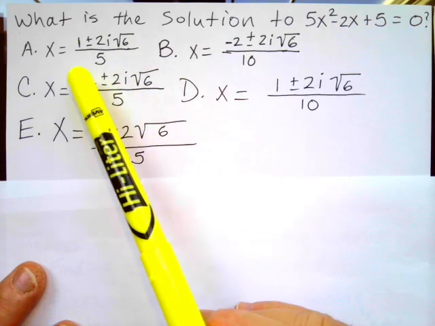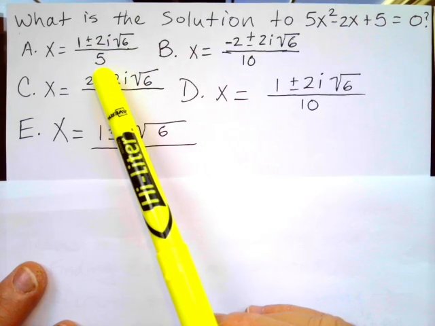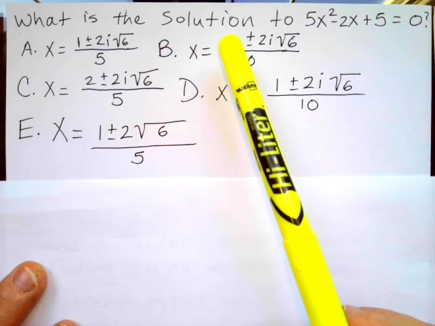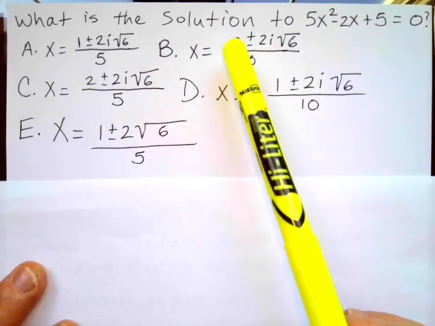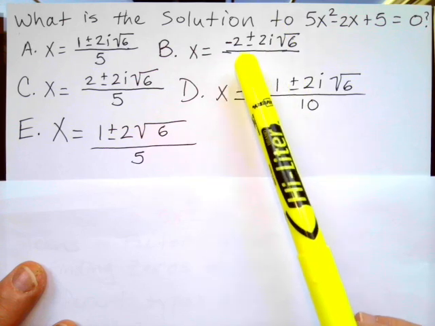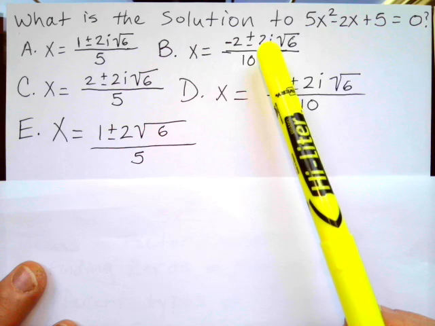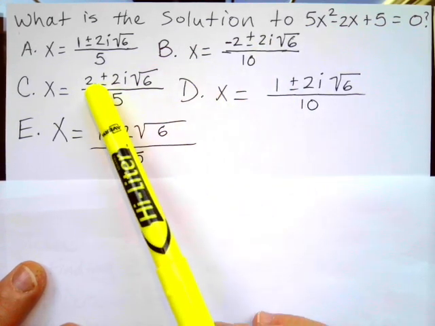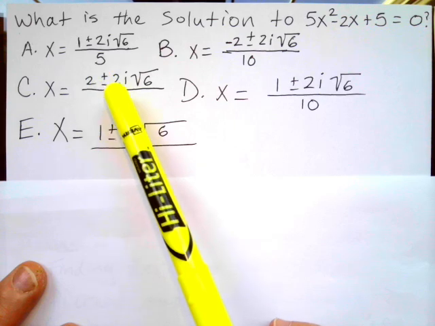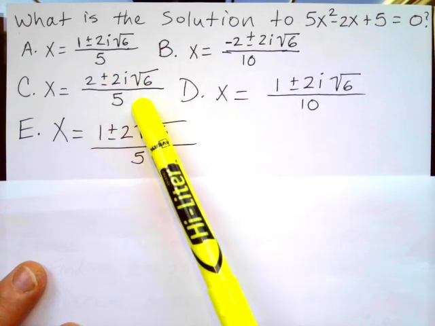So the 1 over 5 and 2 over 5 is what I want you to focus on right now. This is a fraction. Negative 2 over 10 plus or minus 2 over 10, right? This is another way to write this, with two denominators of 10: negative 2 over 10 and a plus or minus 2 over 10, right? 2 over 5 and a plus or minus 2 over 5, 2i square root of 6 over 5, technically.